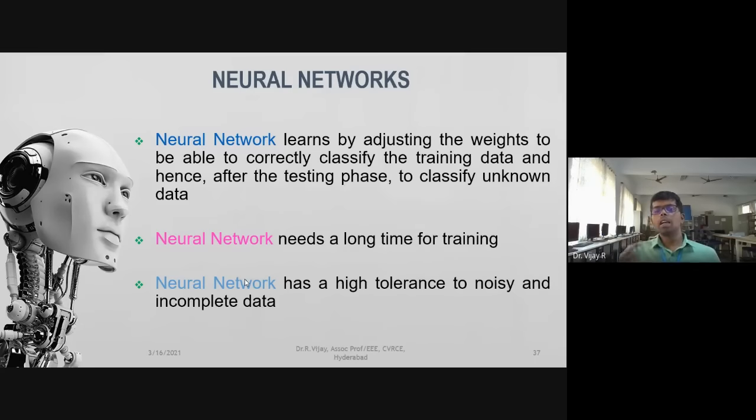Also, a neural network has high tolerance to noisy and incomplete data. Sometimes, if you give incomplete or noisy data, your neural network won't work.